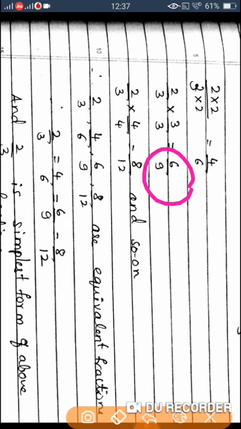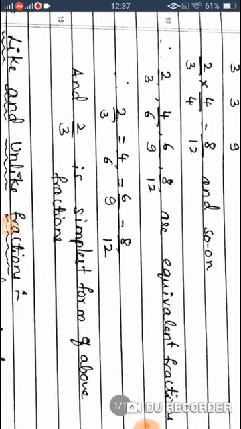Here also you can choose 6. If you simplify 6 by 9, 3 2s are 6, 3 3s are 9. See, 3 is a common factor for both. Then here also, in the same way. That's why if you simplify the equivalent fraction, you'll get the same basic fraction.